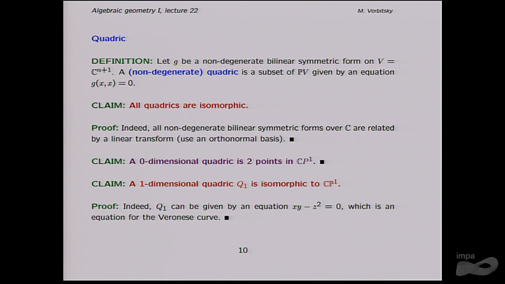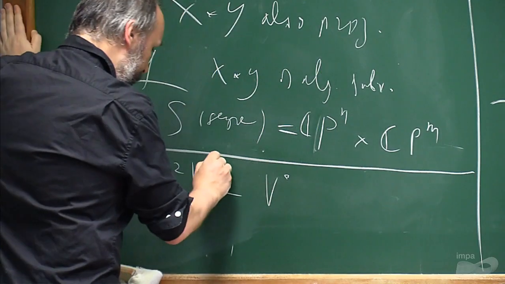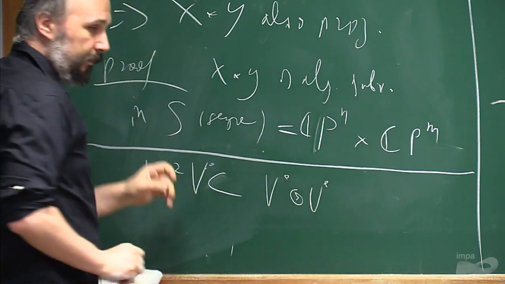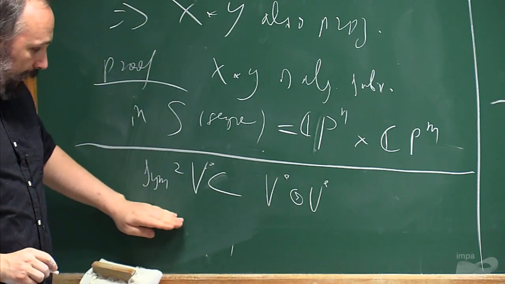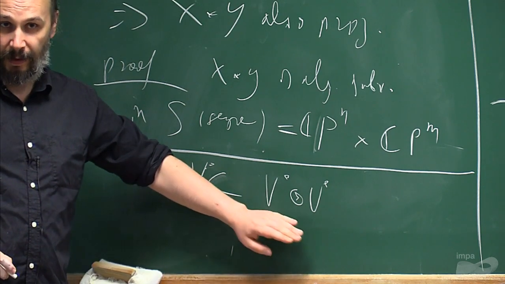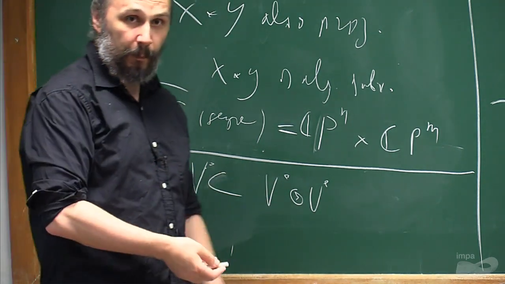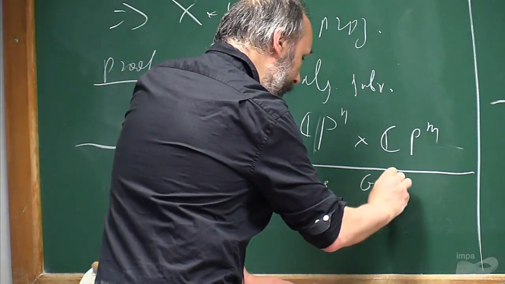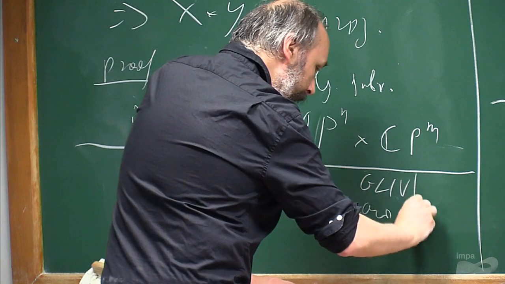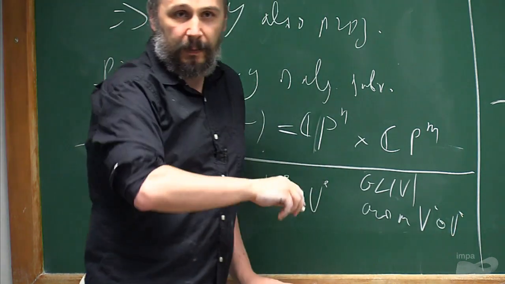Professor, what is the action of GL(n+1, C) here? What is a non-degenerate symmetric form? So you have Sym^2 of V, which is a subset in V* times V*. The bilinear symmetric forms are just a subset of bilinear forms. This is a tensor, and the linear group acts on all tensors, so GL(V) acts on V* times V*.